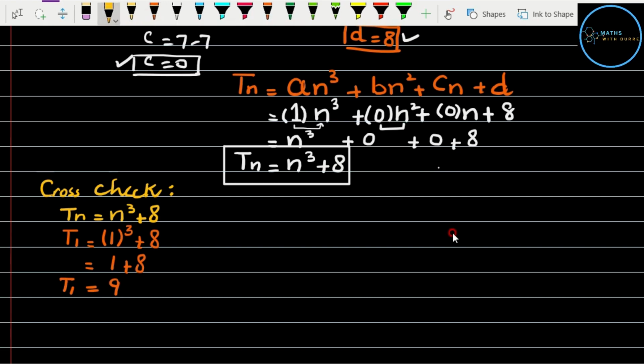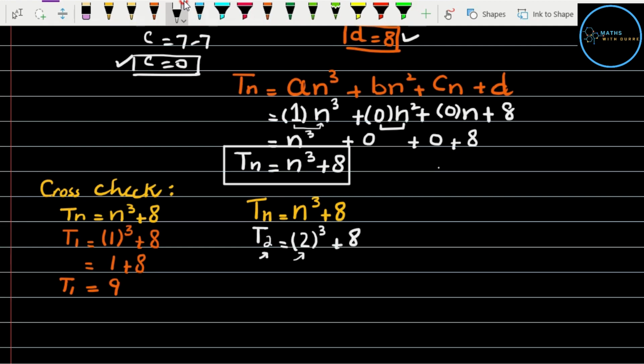Okay. So I will check for the next term also, means second term. Let's see what will be the answer. Term 2 is what? Because I'm taking term 2 here, means n will be 2 here. So that's why I'm substituting 2 instead of n.